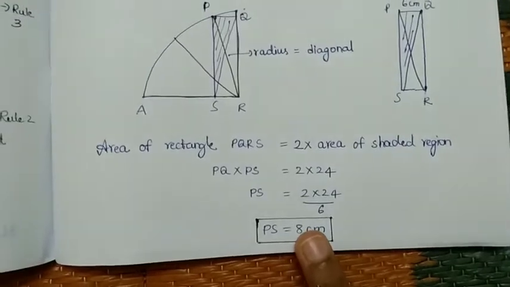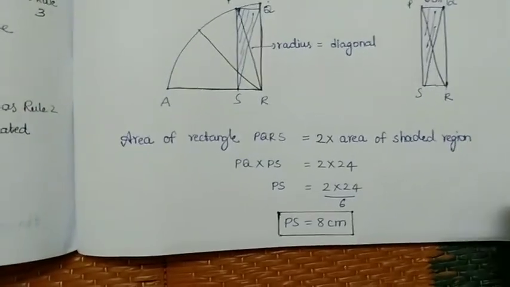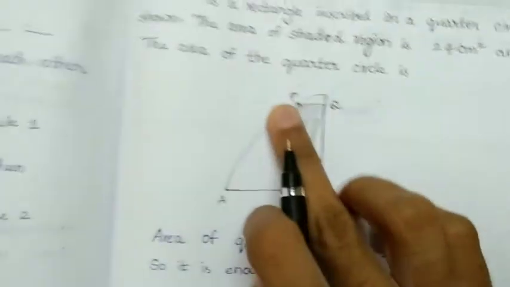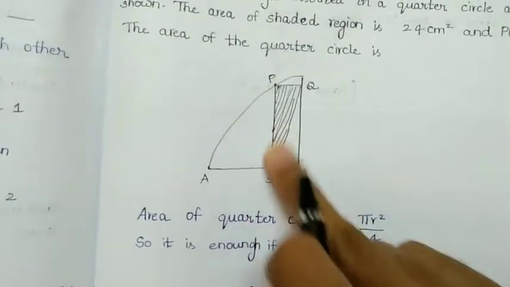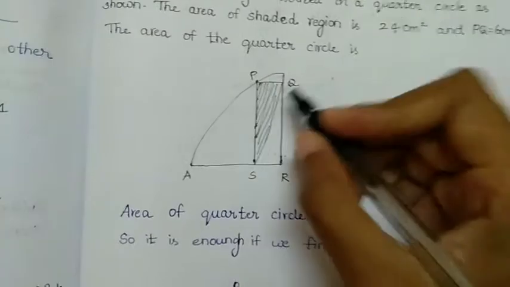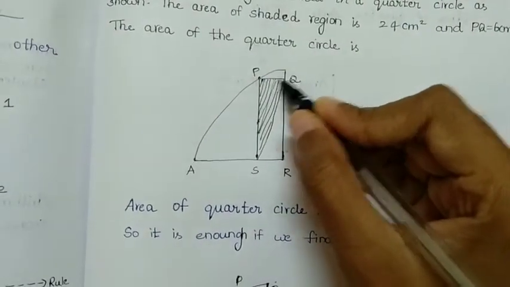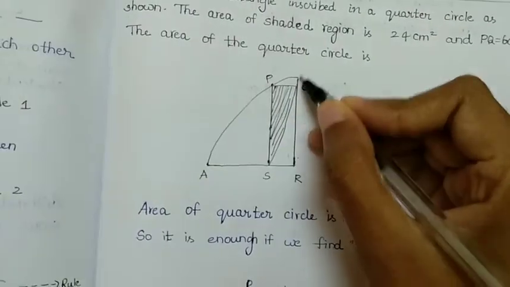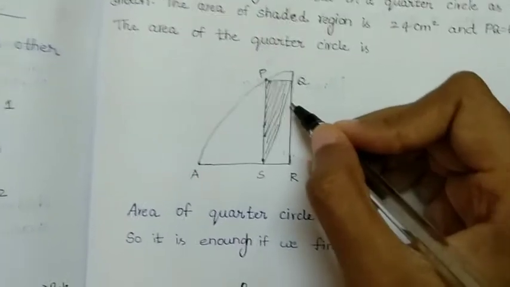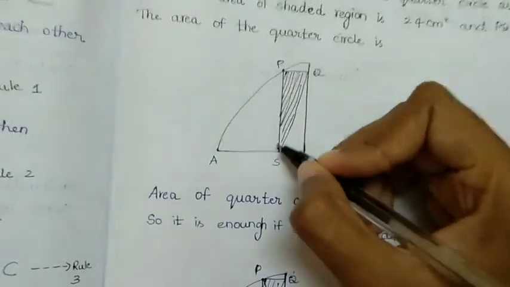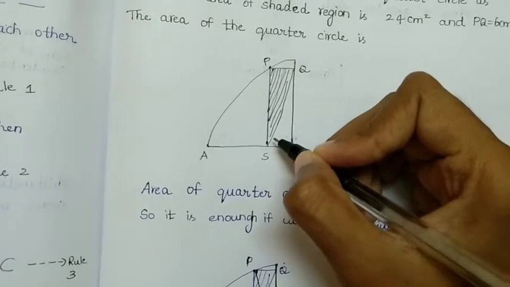So PS is 8 centimeter, and PQ has already been given in the question. Now we know PS, the length of this rectangle. If you clearly observe, this is a right angled triangle, but not isosceles. If it were isosceles, PQ and PS would have been the same.